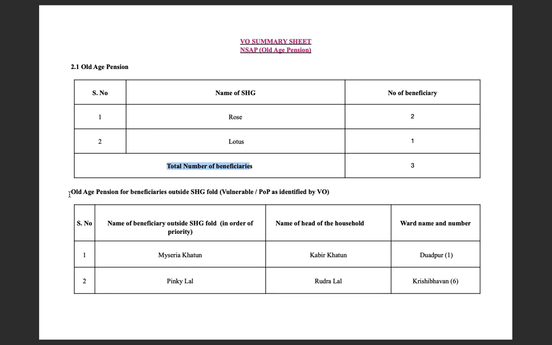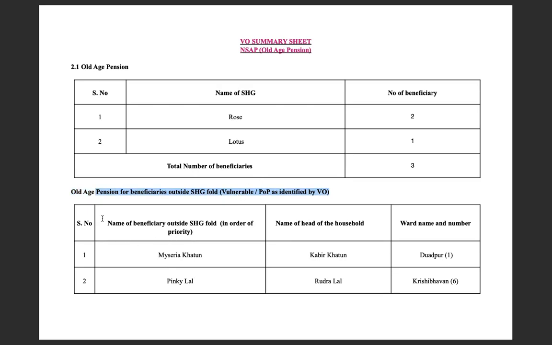Here we will also fill the data for the people who are eligible for old age pension but are not under the SHG fold and belong to the vulnerable and the poorest of the poor category. So the VO, Flower VO, has identified 2 people who are outside the SHG fold, who do not belong to Flower VO or any SHG like Rose SHG or Lotus SHG, but are in need of old age pension because they are the most vulnerable and poorest of the poor.